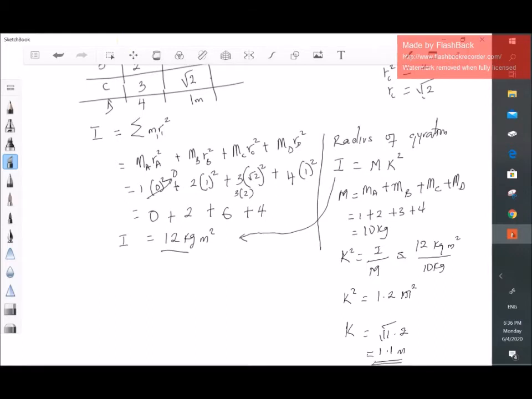Alright, so that is the moment of inertia at point A and the radius of gyration at point A. So if you don't mind, this can be subscript A. Alright, so this is the moment of inertia at point A and the radius of gyration at point A.